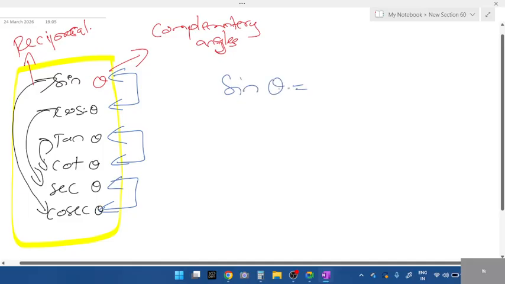Now, what is complementary? If I take sine theta, the complementary is cos, and the formula is 90 minus theta. This is the formula.